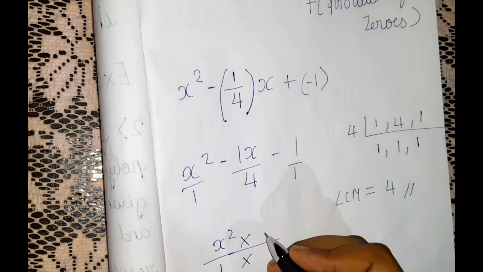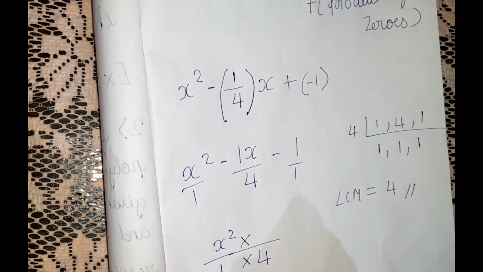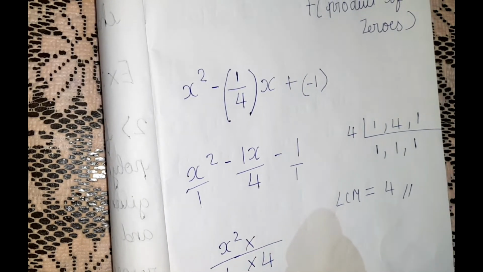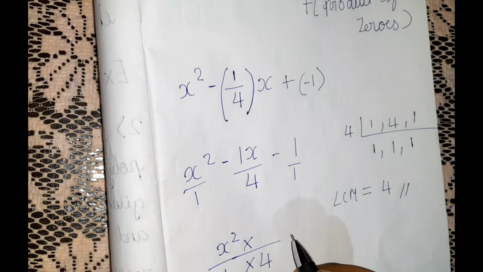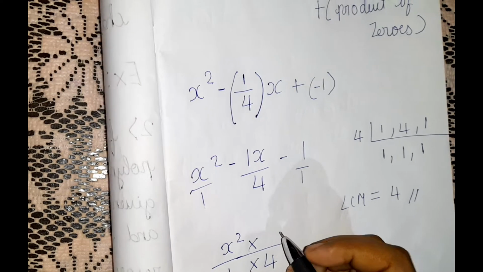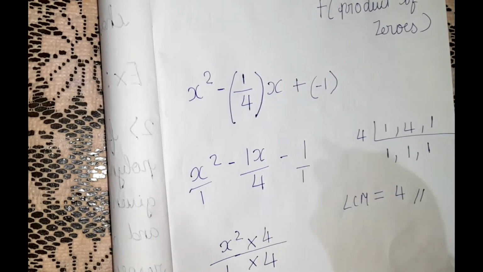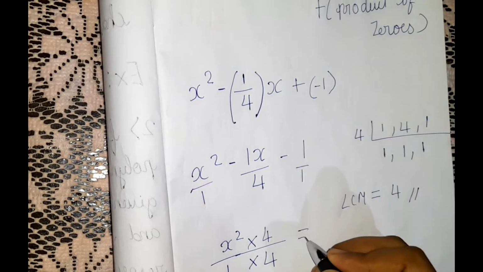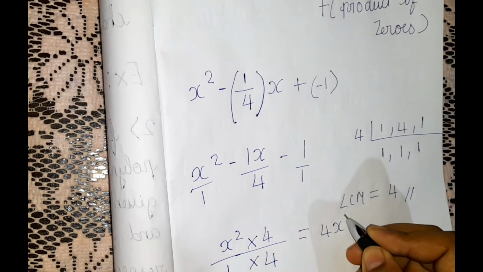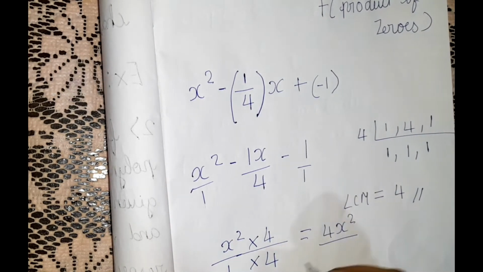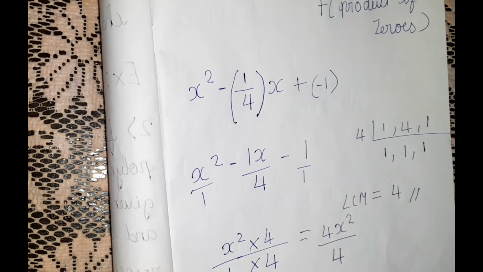Am I right? So the denominator is 4. Then what about the numerator? In the numerator also we are going to be multiplying with 4, because we are supposed to do it like that. So 4 into x square is 4x square divided by 1 into 4 is 4.